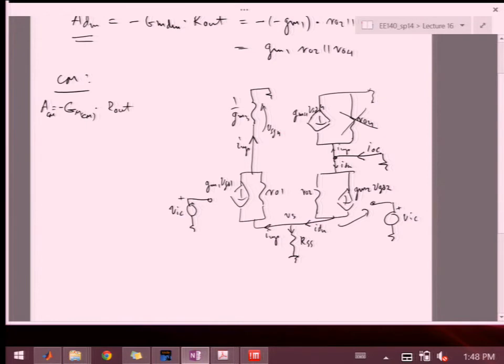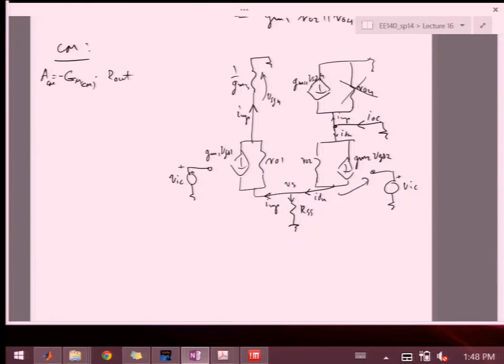And if there's no IOC, then there's no GM. And yes, indeed, in that case, if that was really true, you would get that the common mode gain is 0 and the common mode rejection ratio is infinity. Okay? But because of this RSS, it's kind of ruining that perfection. Right? So we have to take it into account.